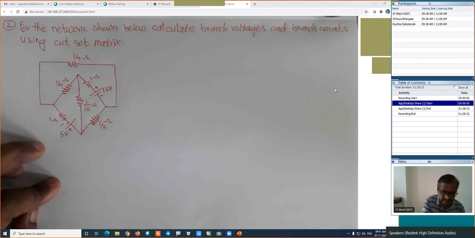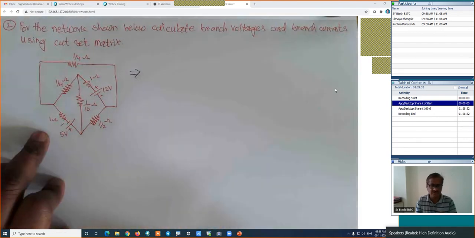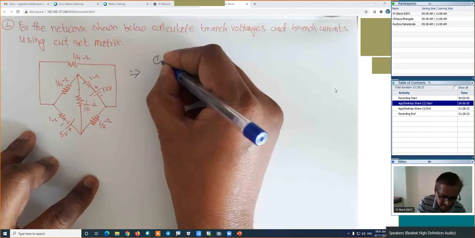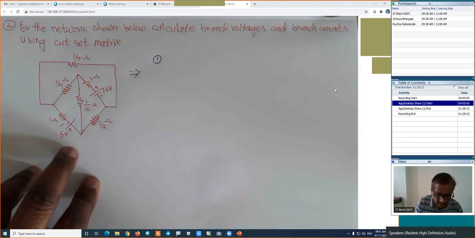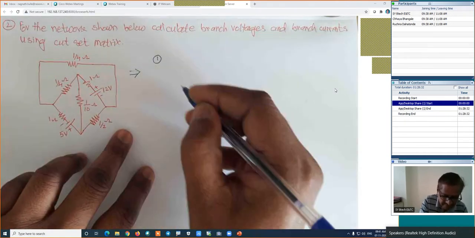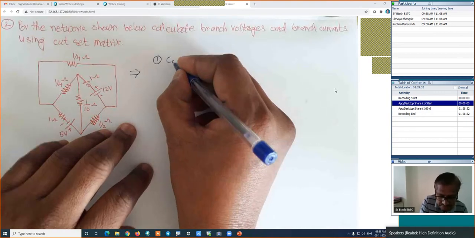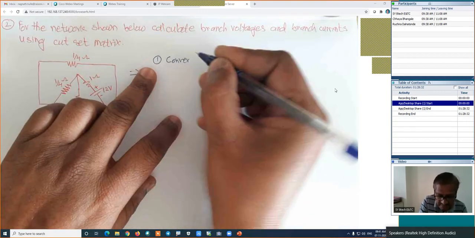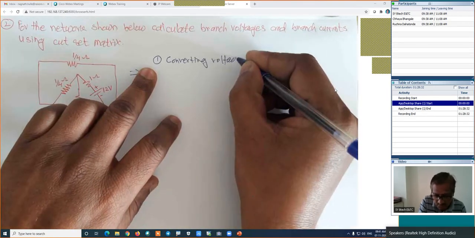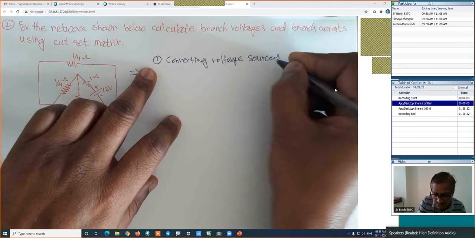So here in this case, our first step, that is step number 1, is conversion of the figure into the standard format. This is point number 1. Now I will copy this as it is, converting the voltage sources to current sources.